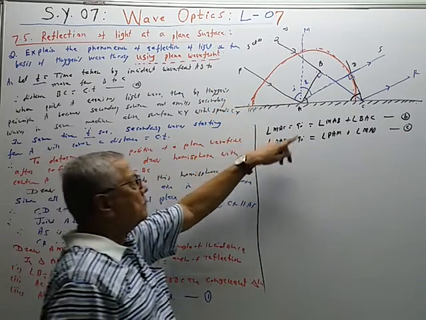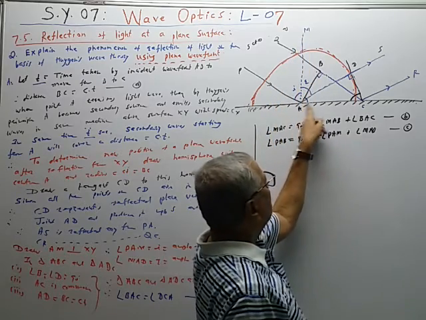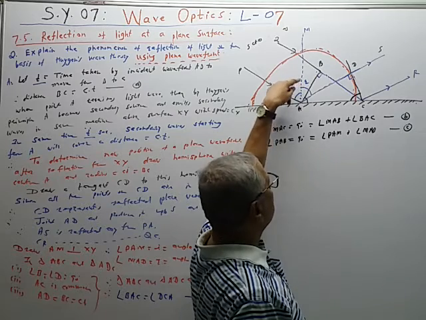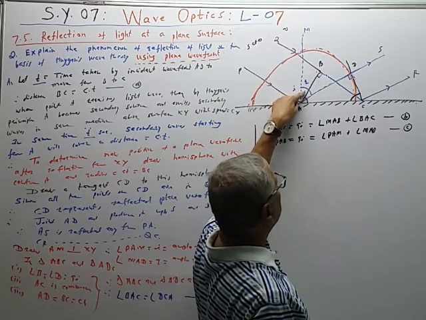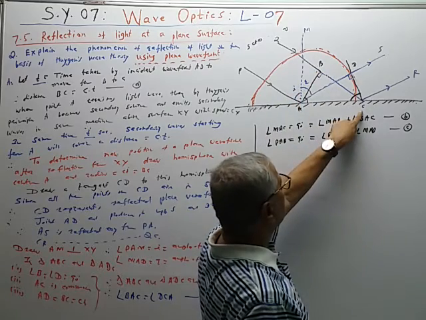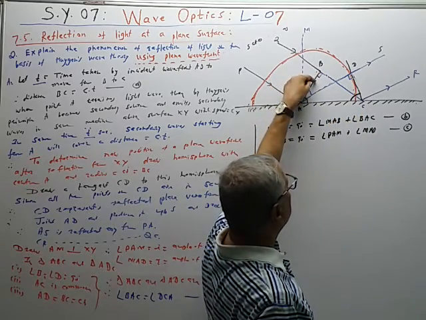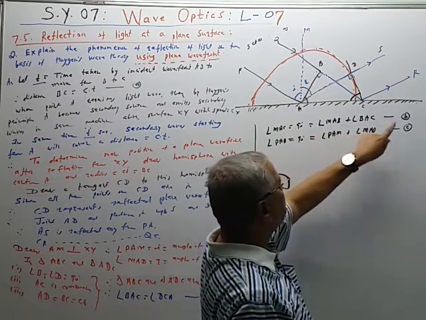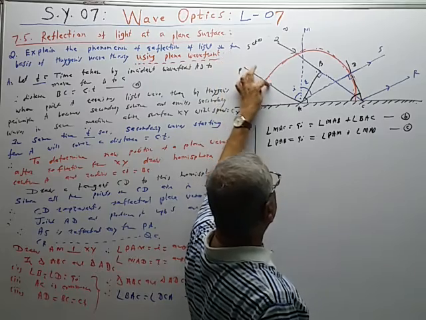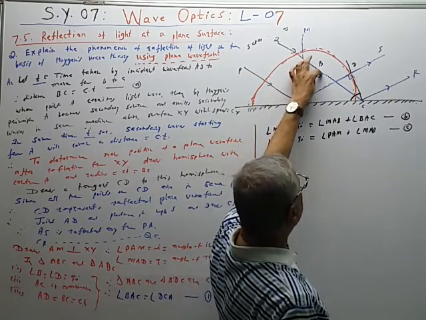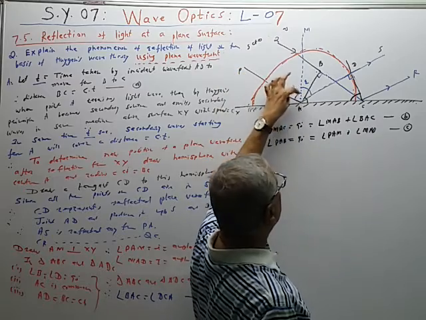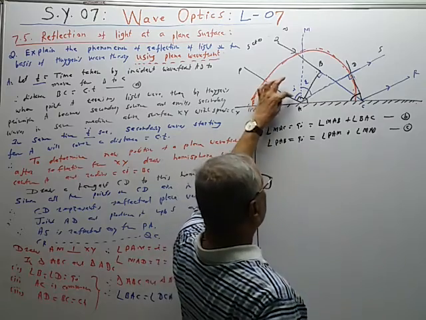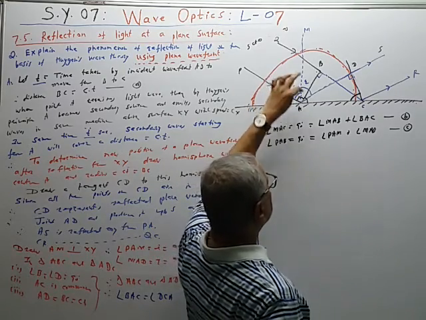Check the geometry again. MAC is 90 degree because AM is perpendicular. So this MAC is equal to the sum of the two angles. One angle is MAB, and the other is angle BAC. So MAB plus BAC. Now this angle is also 90 degree because it is the angle between the wave normal and wavefront. So angle PAB is equal to 90 degree. This is equal to one angle PAM and the other MAB.